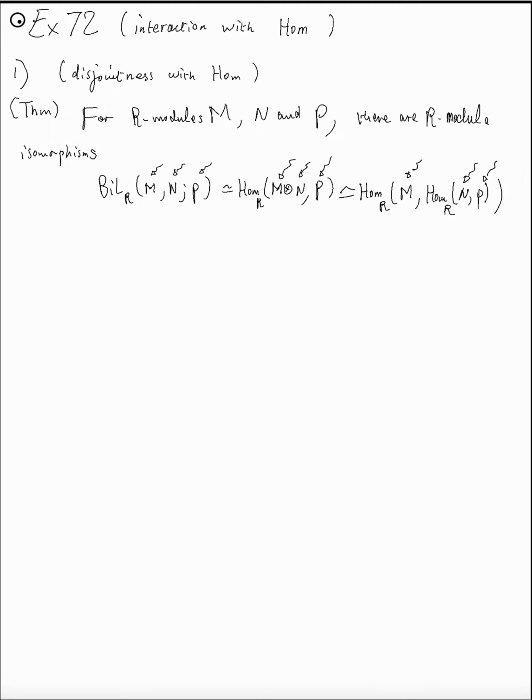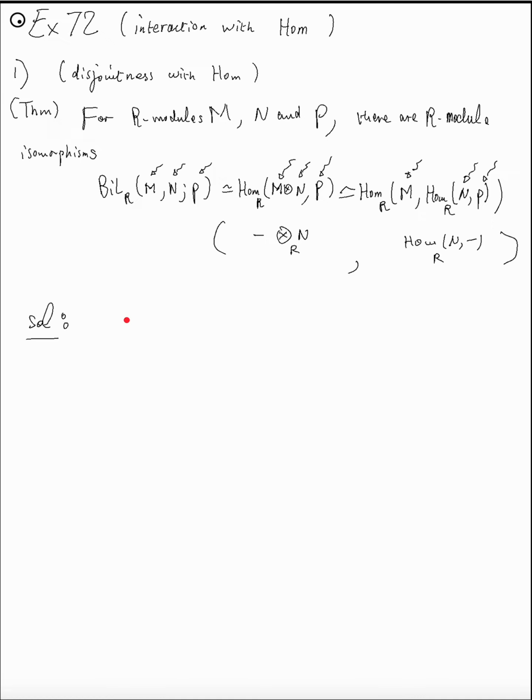So using the categorical language, this is exactly telling you that tensor product and Hom are an adjoint pair, right? So let's look at the solution of this, and then we state a related second exercise if time permits.